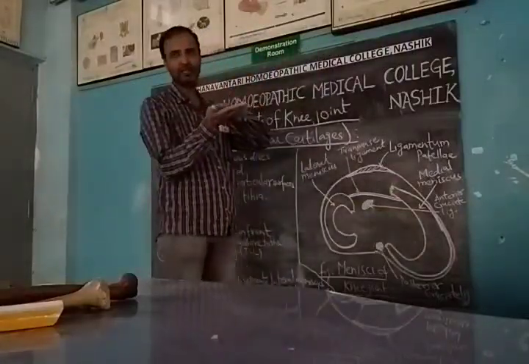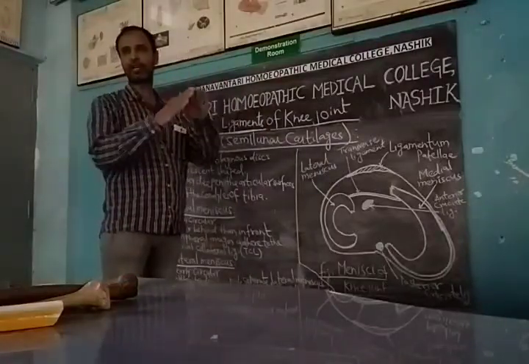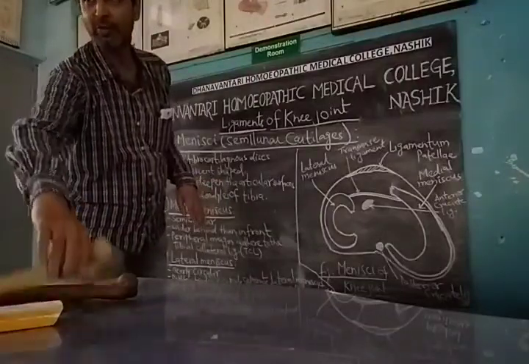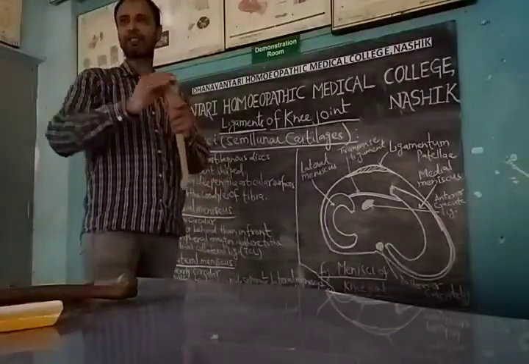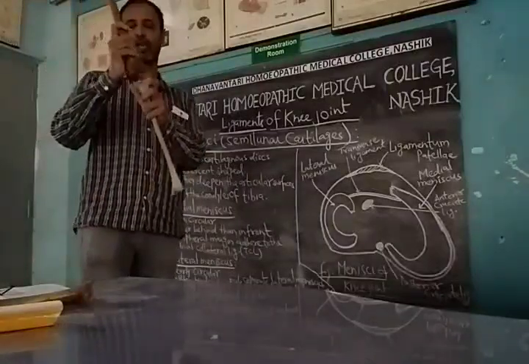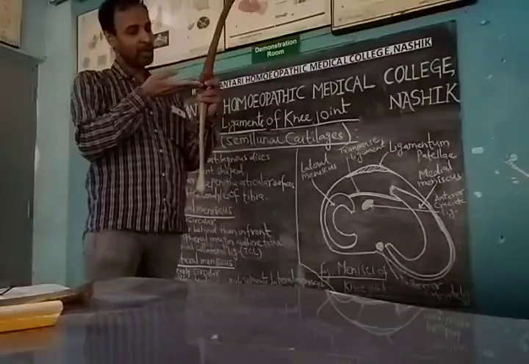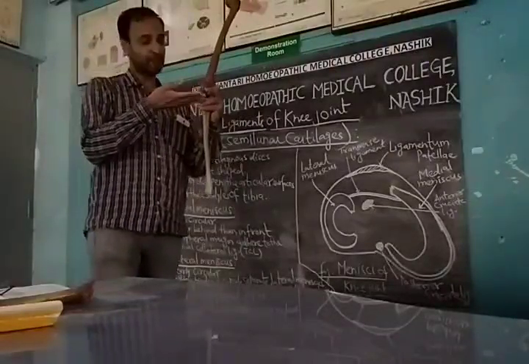The lower surface fits the concavity of the condyles of the tibia, whereas the upper surface is related to the condyles of the femur. Therefore it divides the knee joint cavity into an upper and a lower part because of the menisci.